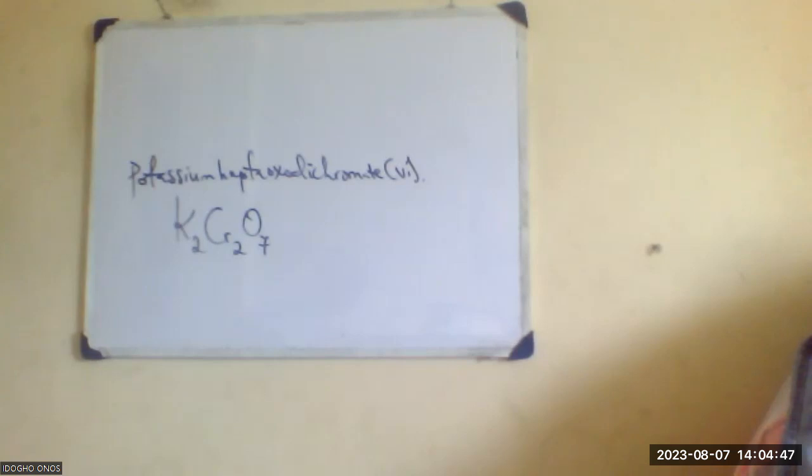Example. In an experiment, 5.0 gram of calcium carbonate, CaCO3. Now you can use the formula because we know how to write formulas. I will not be giving you the formula anymore.